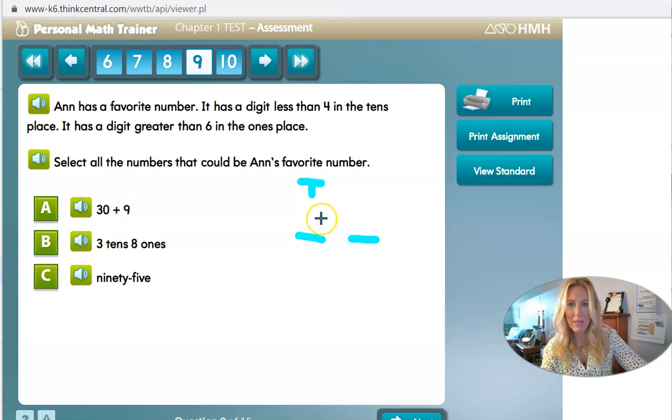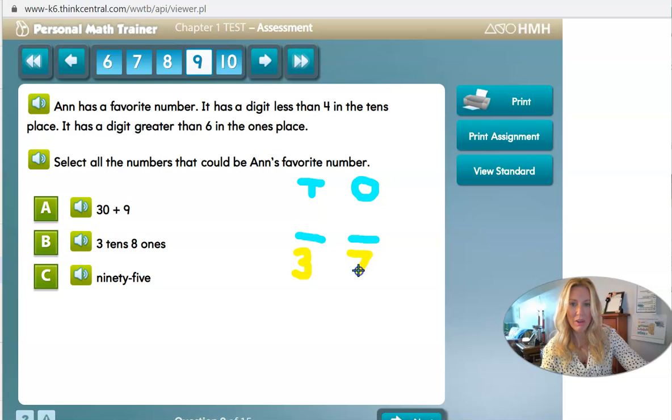I could have maybe a 3, and it has a digit greater than a 6 in the ones place. So remember, this is my ones place. So this is how I'm doing my work on my scrap paper. This is your hint, a number greater than 6.